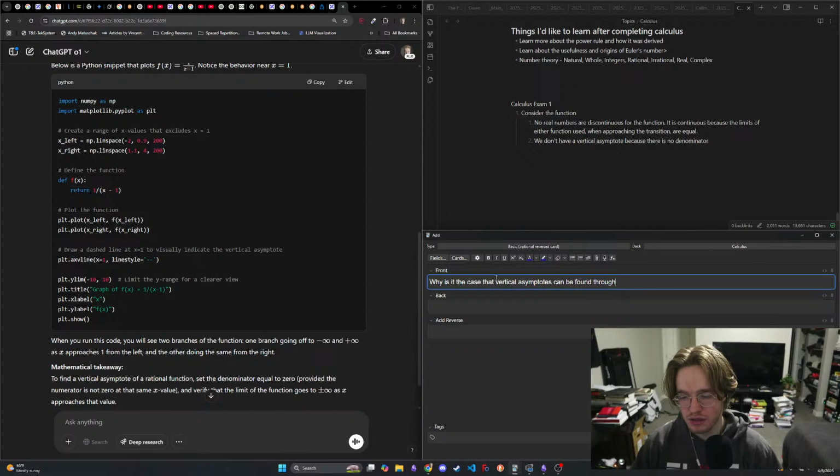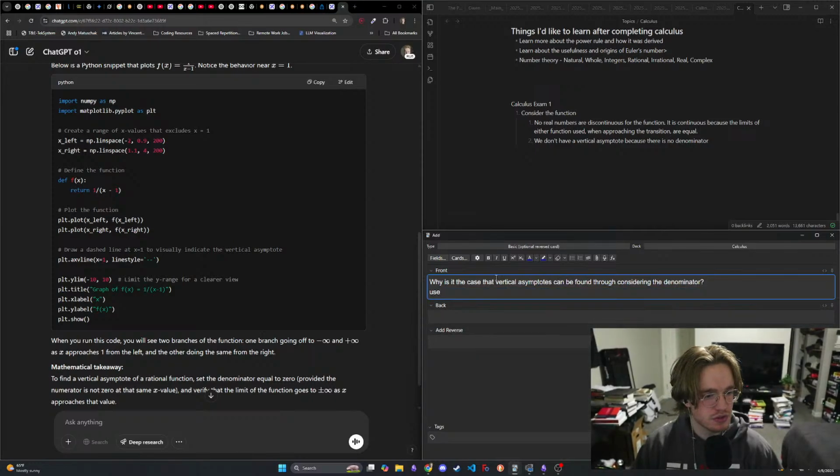Through observing, maybe observing the denominator, through considering the denominator. I don't know if that's a great question. Use f of x equals 1 over x minus 1. Okay.